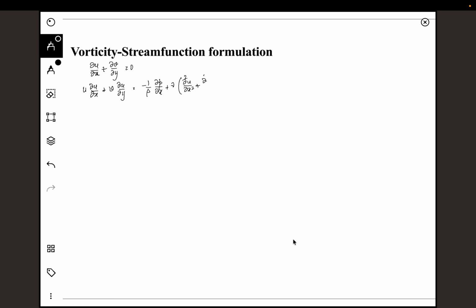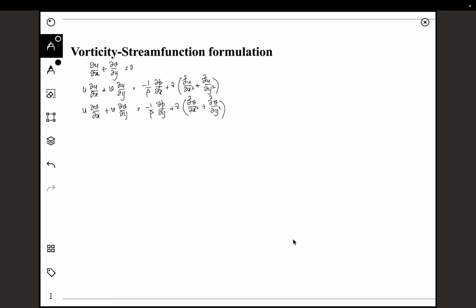The reason we started with this vorticity stream function formulation is because we have three variables, u, v, and p. So if I write the equation for the y momentum equation, plus the viscosity term. We did not discuss the natural convection problem, so we do not have any body force terms.